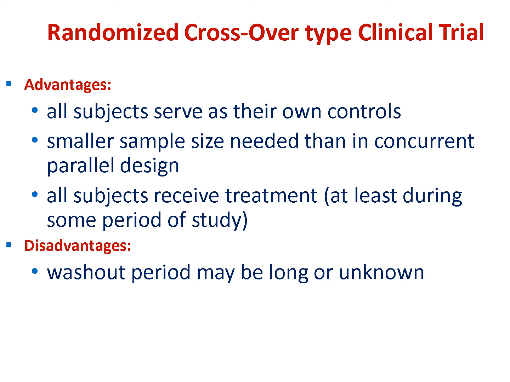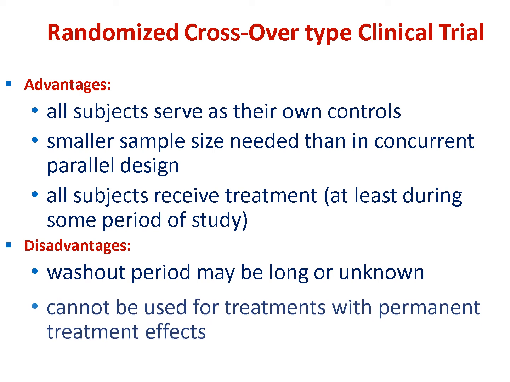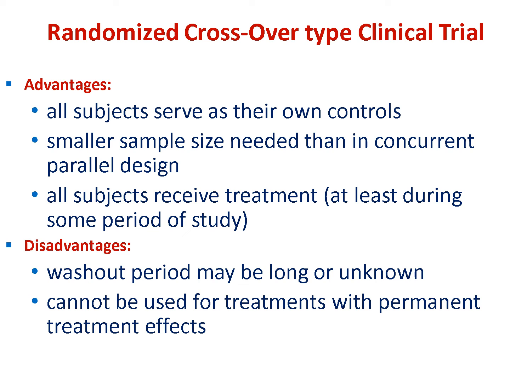So there is no washout period and we cannot study the outcome in the second half because the patient is fully cured because of the treatment. It cannot be used for treatments with permanent treatment effects, such as antibiotics for bacterial infections or antiviral treatment for viral infections.